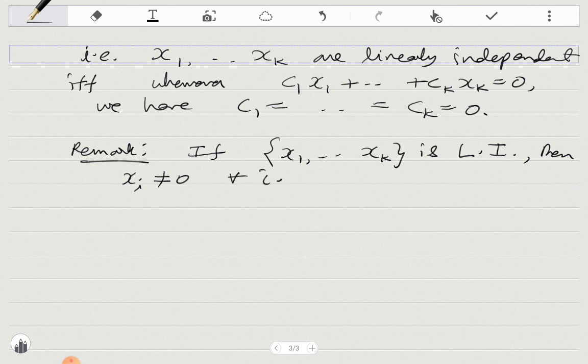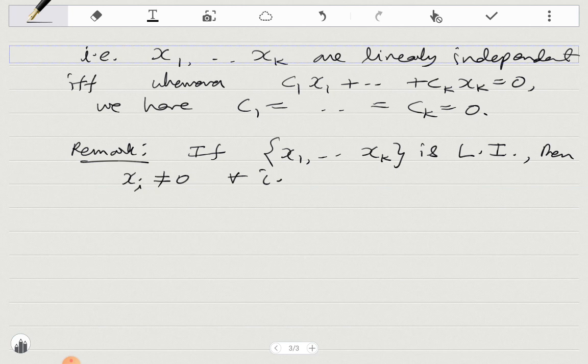None of these vectors can be 0. And we know why that's true. If one of them is 0, we can take that particular coefficient to be anything we want, for example 1, and the other coefficients to be 0, and I'll get a non-trivial linear combination of these which is equal to 0.